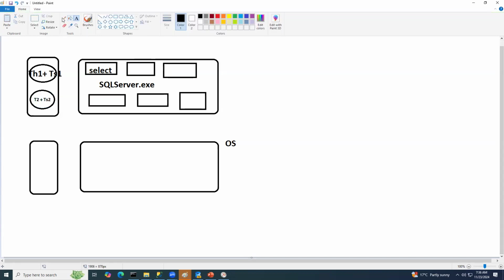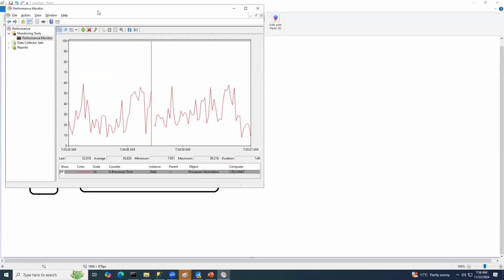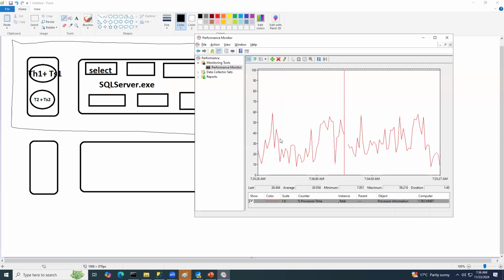So these are the threads. This is at the SQL layer. There are two layers: SQL Server and the operating system. This is the operating system where we install the SQL Server.